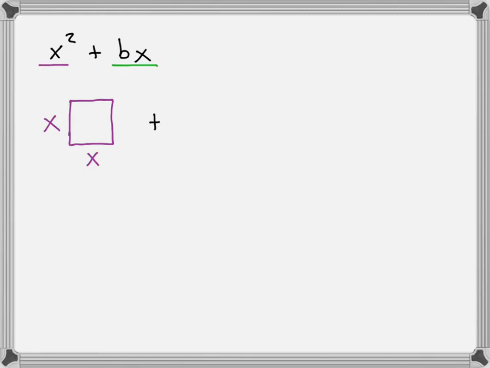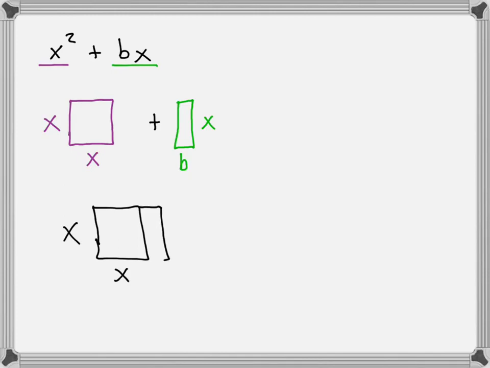The bx can be represented by the rectangle that is b by x. So visually we can put x squared plus bx together as this picture here. This is x by x, and we have this b by x.